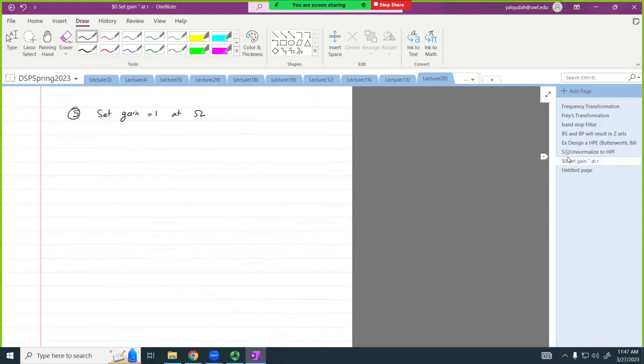It is step 7. Thank you. Set the value of gain equal to 1 at omega equal to pi, and omega equal to pi corresponds to Z equal to -1. So therefore, we want H of -1 to equal 1, which gives me K that is equal to 0.2569.